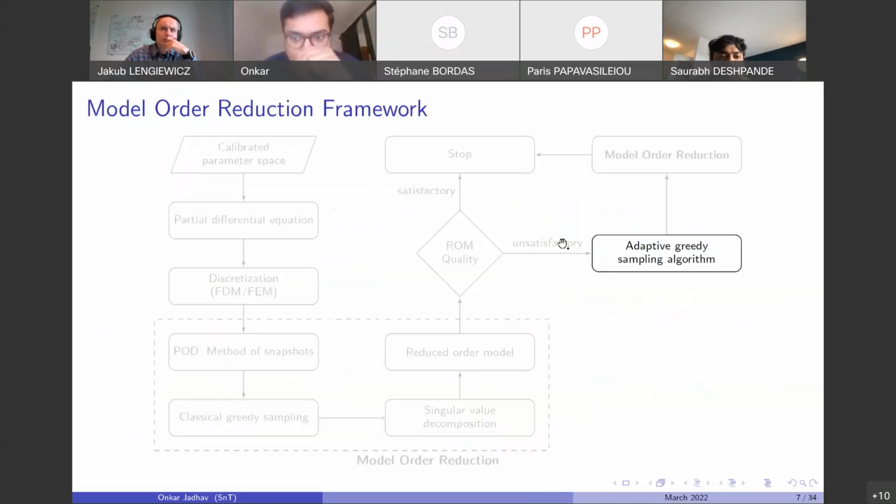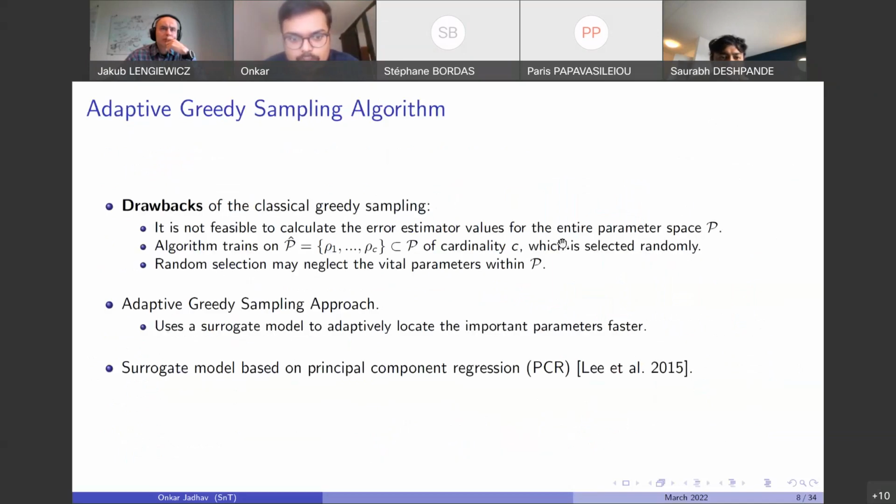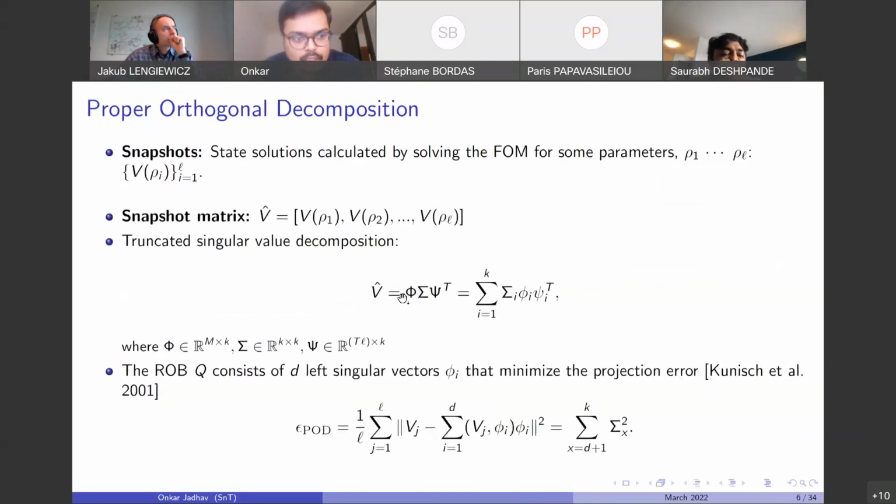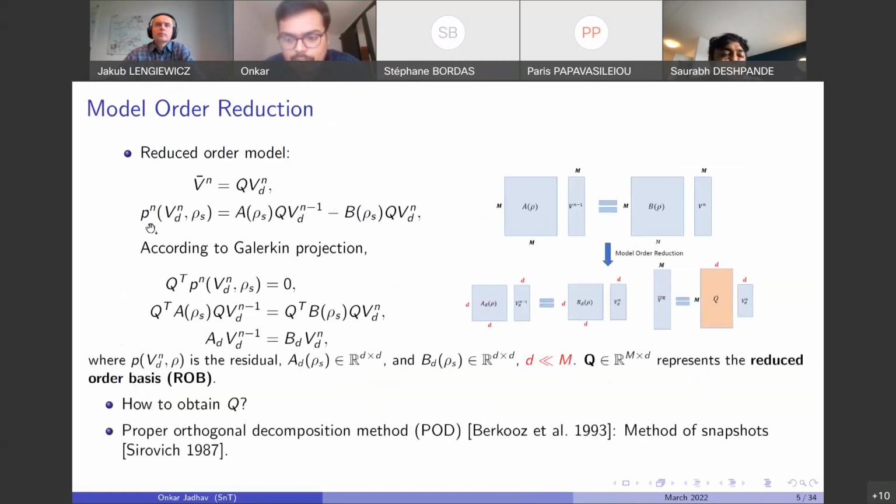So usually the classical methods solve the error estimators. For example, here this error is this residual error, right? If you take the norm of this P, then it will be a residual error. So they solve this residual error for the parameter space, and they determine which parameters are giving us the maximum error.